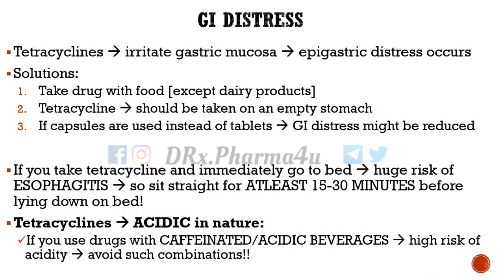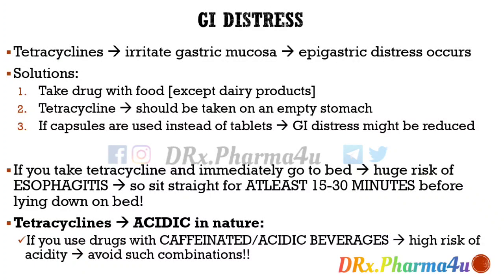As I said before, if you take tetracyclines and immediately go to bed, there is a high risk of esophagitis, so please sit straight for at least 15 to 30 minutes after taking the medication and only then go to bed. Now there is a problem. Tetracyclines are usually acidic in nature. If you take a lot of cold drinks, especially caffeinated products, a lot of black coffee, or a lot of green tea, which also contains caffeine to some extent, then tetracycline may not be a very good option for you.